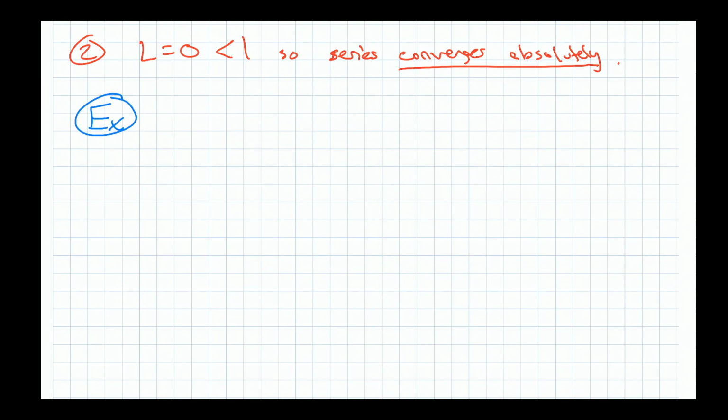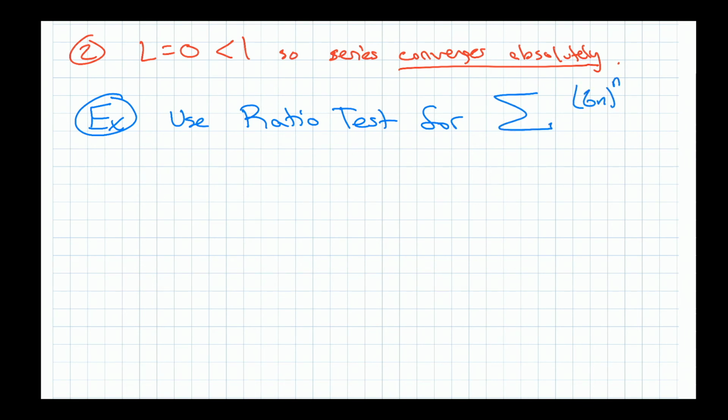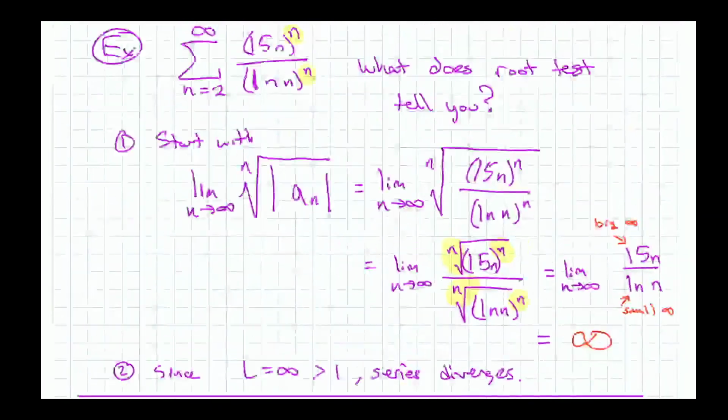Example, use ratio test for 6n to the n over n factorial. So notice that what they like to do is if you've got factorials, they like you to do the ratio test. And the reason they do that is because we did this limit up here somewhere.